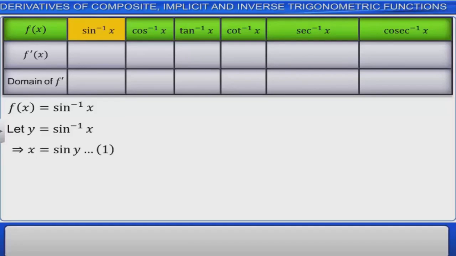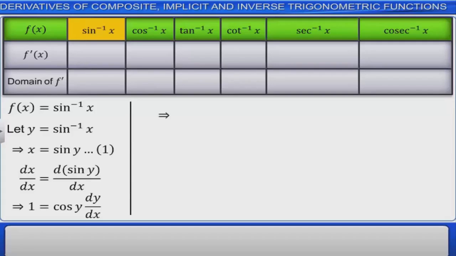Now, let's differentiate both the sides with respect to x. Using the chain rule, the derivative of sin y with respect to x is equal to cos y into dy by dx. This implies that dy by dx is equal to 1 divided by cos y.